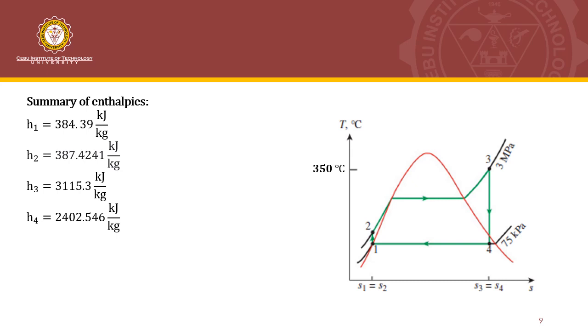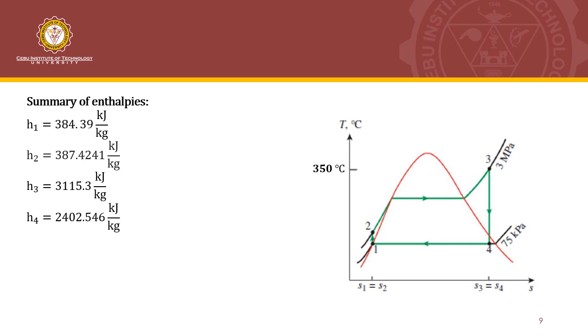And the highest of these values should be at point 3 because it has the highest temperature. So that's why we have H3 as the highest enthalpy, followed by H4. So it's always the sequence when summarizing the values of the enthalpies. So that is how you get the value of the enthalpies at the various points using the steam table.